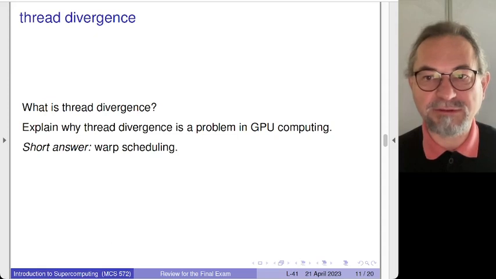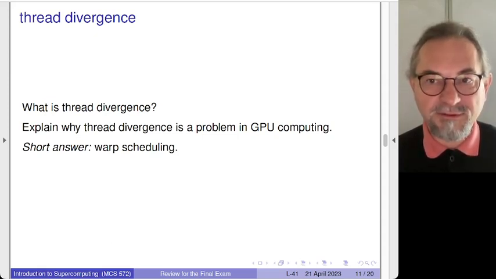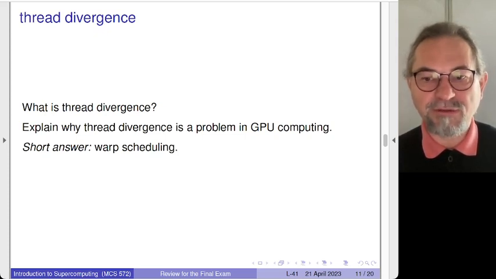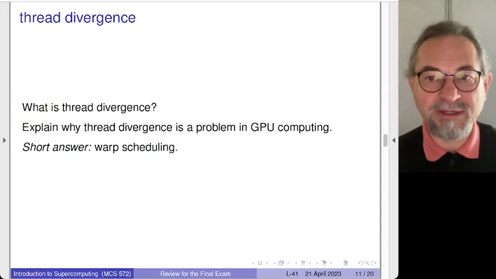The threads are scheduled in units of 32. That's the warp. So your answer should begin with this.